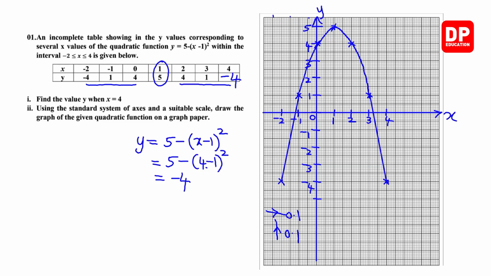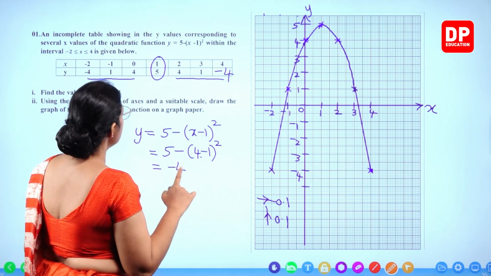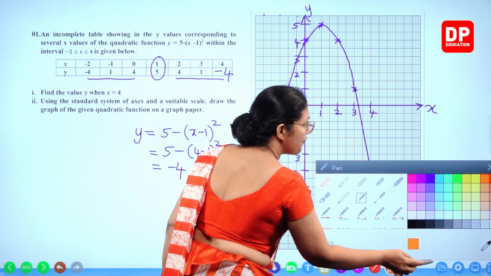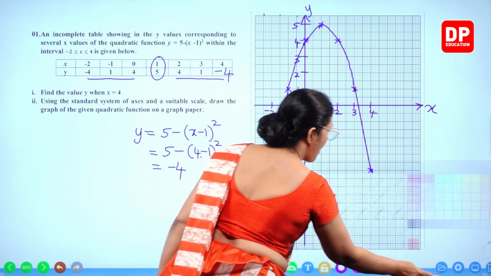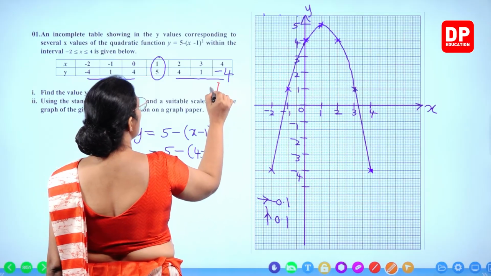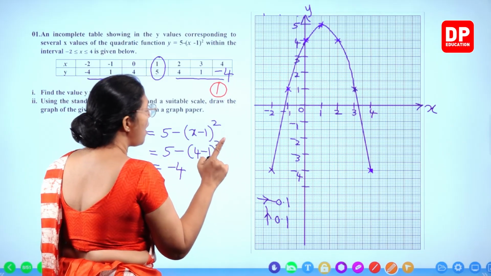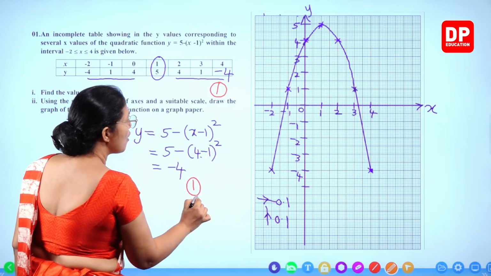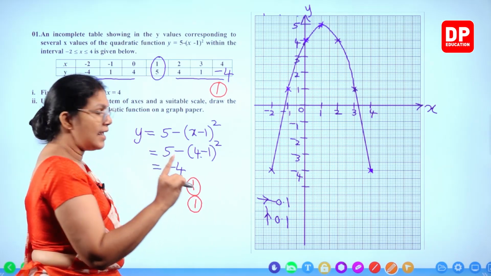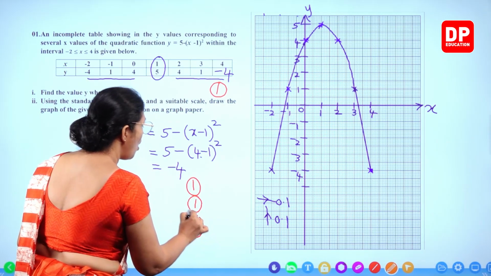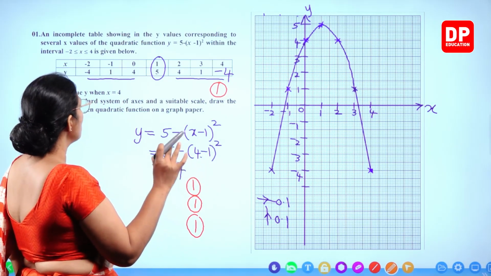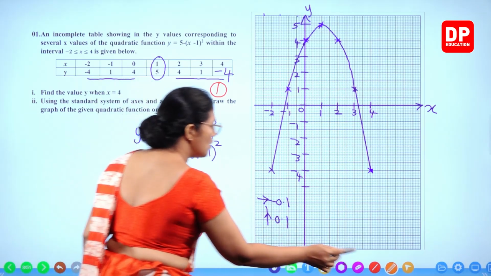So this is the quadratic graph and you are getting 3 marks. You get 1 mark for finding this value, 1 mark for the scale, 1 mark for marking the points correctly and 1 mark for connecting smoothly. We'll use this graph to answer the other questions.